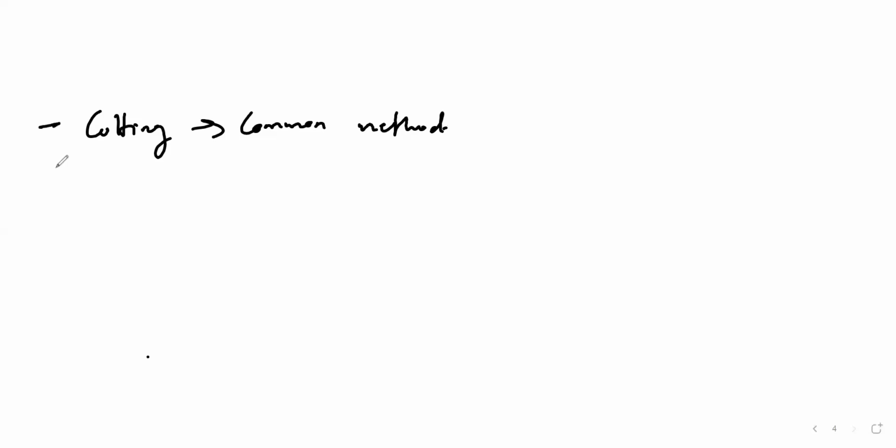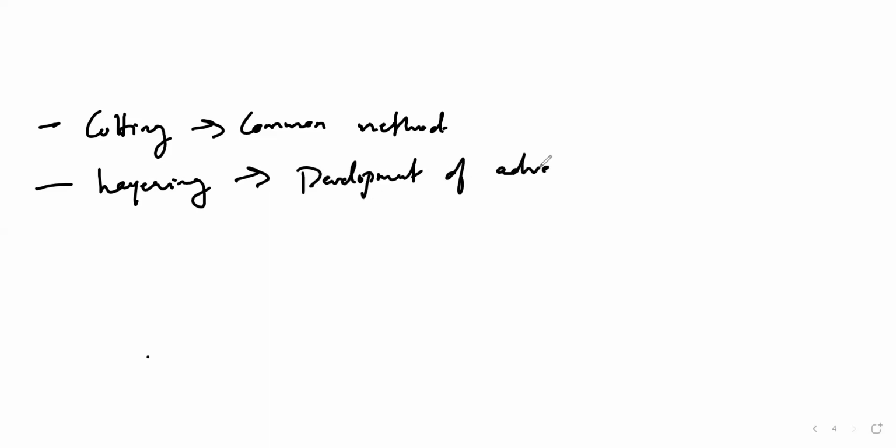So this is a basic method, that is cutting. Then next is what? Layering. Layering means in this process there will be a development of adventitious root on a stem.